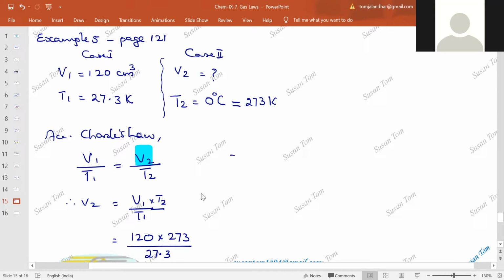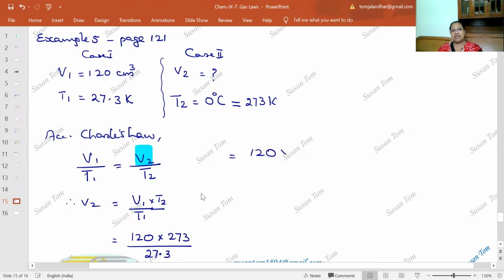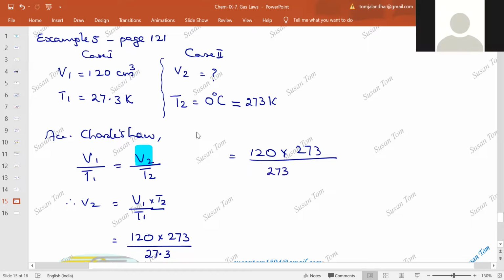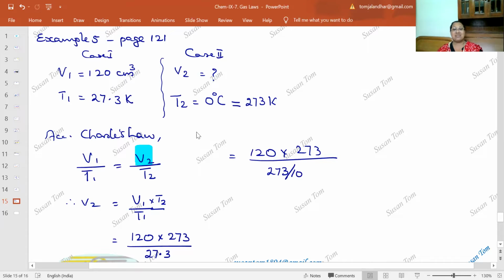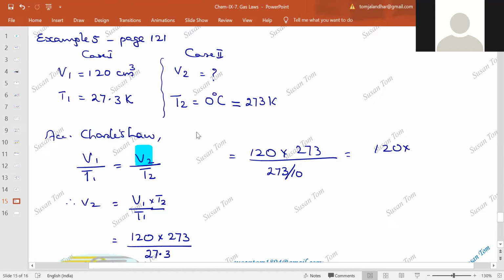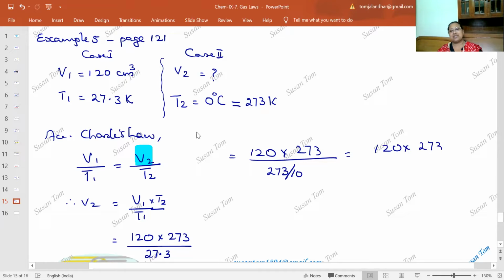If you have difficulty, what you do is 120 into 273, and 27.3 means what, children? 273 by 10. This is the meaning. This 10 goes up. So 120 into 273 divided by 273.